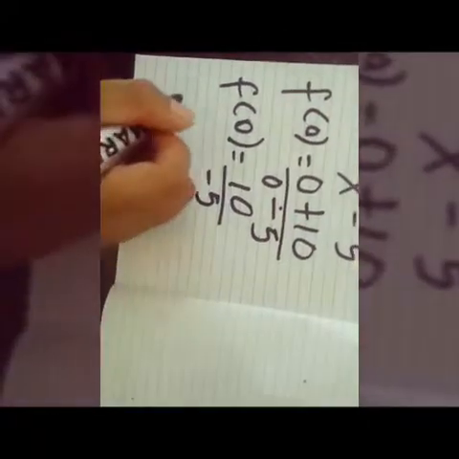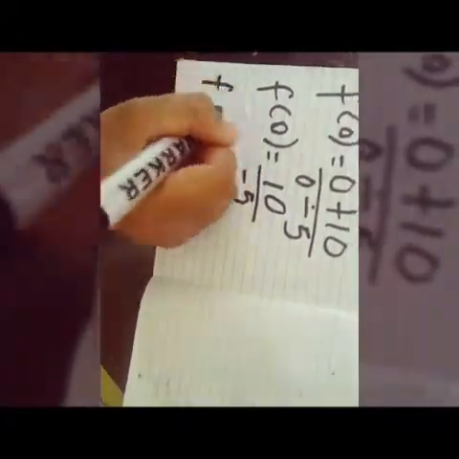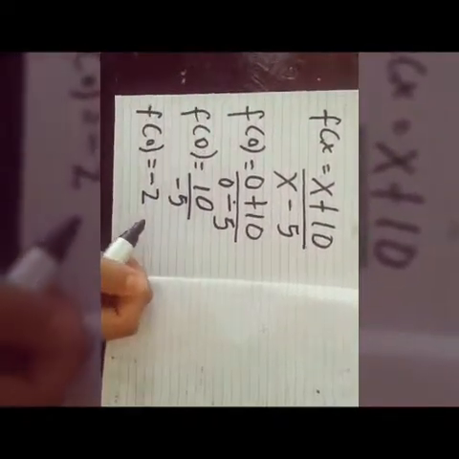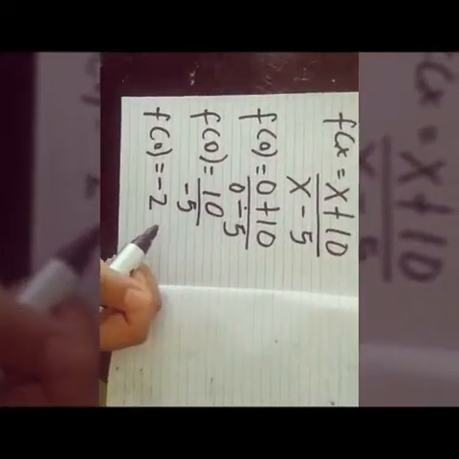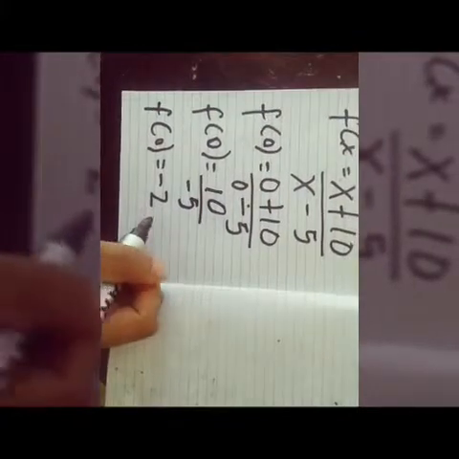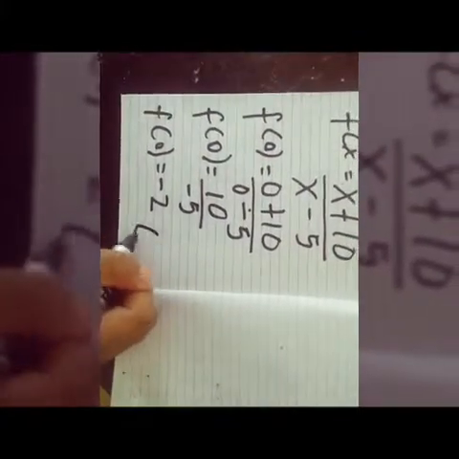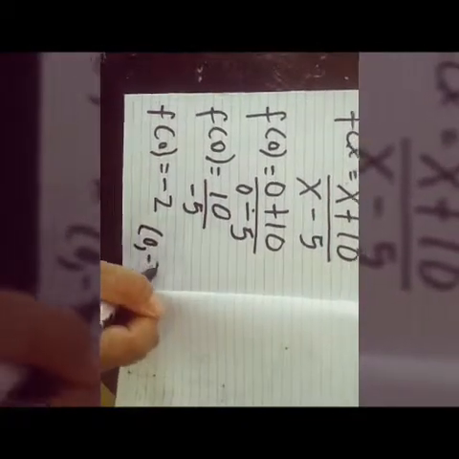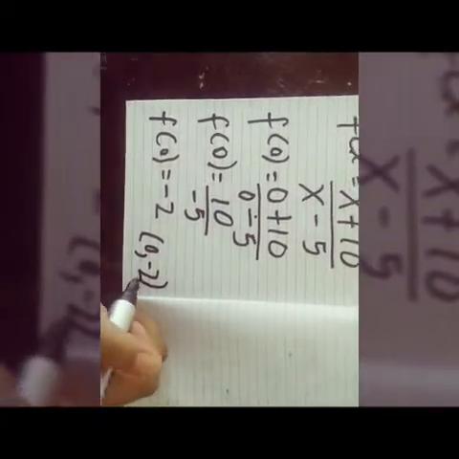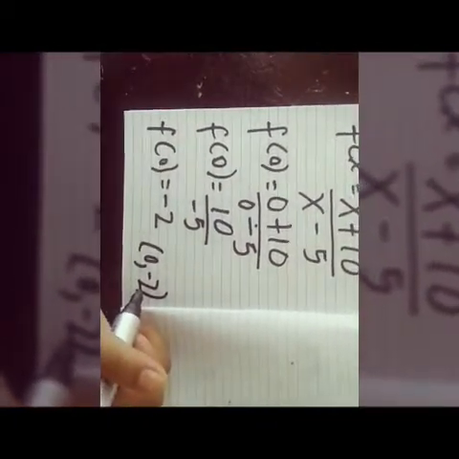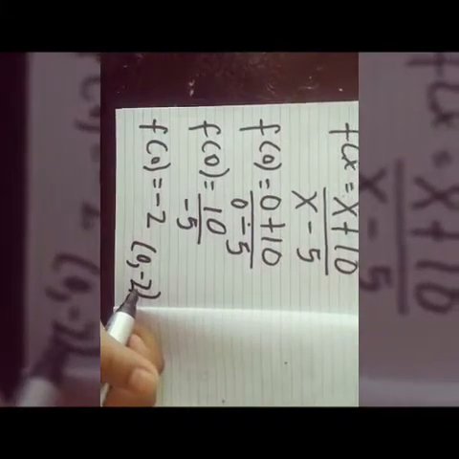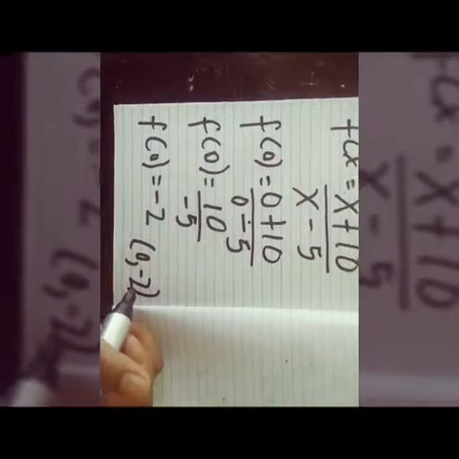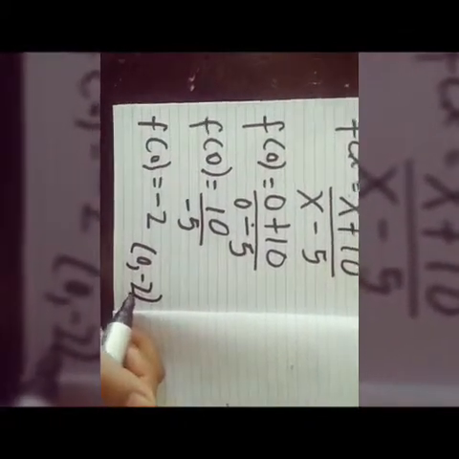Then the answer is f of 0 equals negative 2. This will be the answer. There is a y-intercept at the point 0, negative 2. Notice that 0 is the x-coordinate because on the y-axis x equals 0.